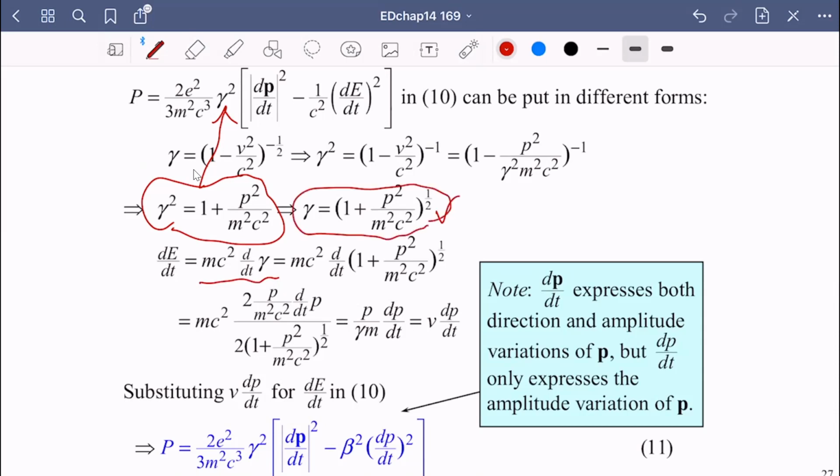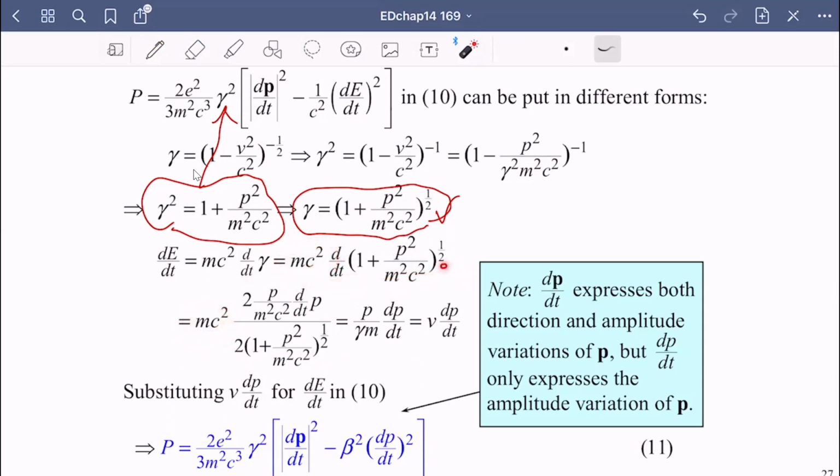Therefore, it's dp dt. So eventually, this equation becomes here, 1 over 2. So we have this term, m squared c squared, this one, dt. Okay, the gamma gives us m squared c squared, no change.